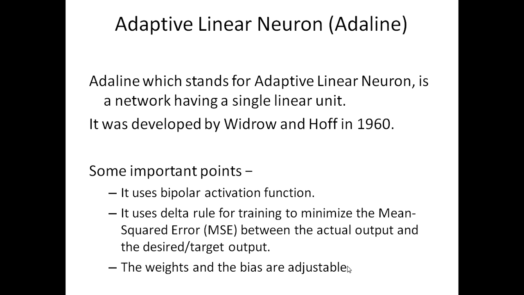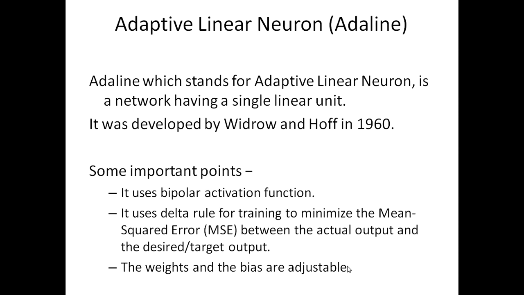ADALINE works as a supervised network. In a supervised network, you all know we have a training set, so we have a set of inputs as well as a desired output that we wish our network should follow. Whenever we get some input, the output that our network gives us is compared with the target output.